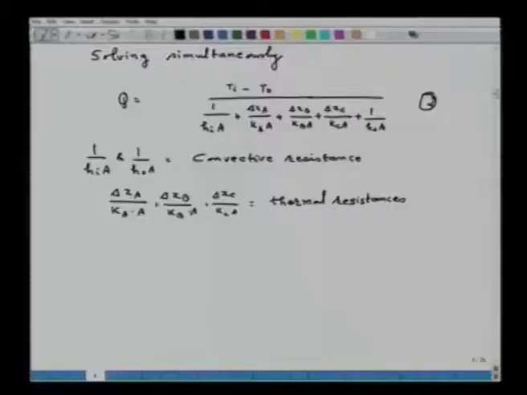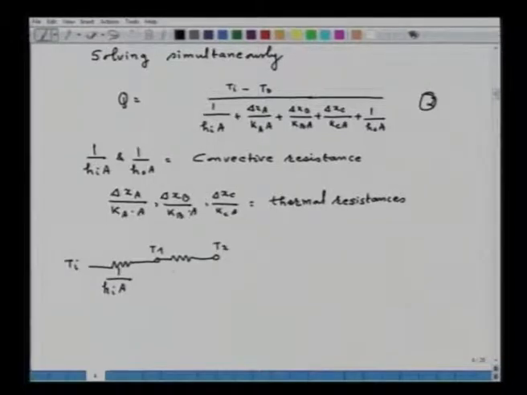So, if we want to represent the whole thing by its electrical analogy, then this is the one resistance, here the temperature Ti and the resistance over here is 1 upon Hi into A. So, this temperature is then T1.